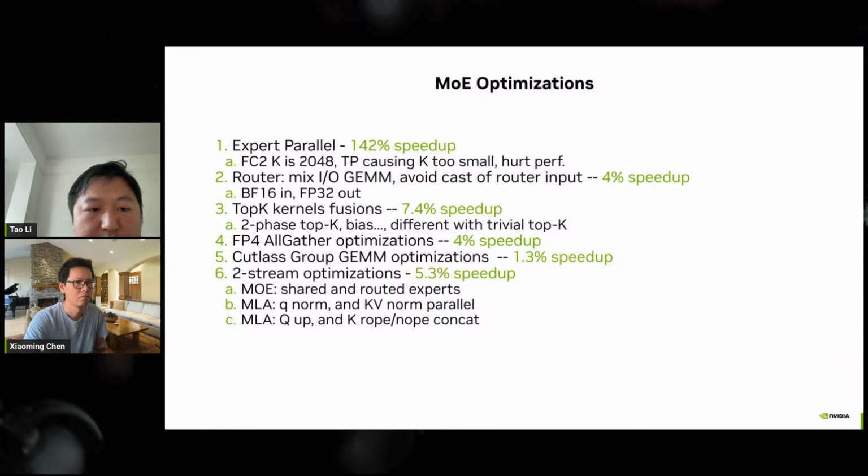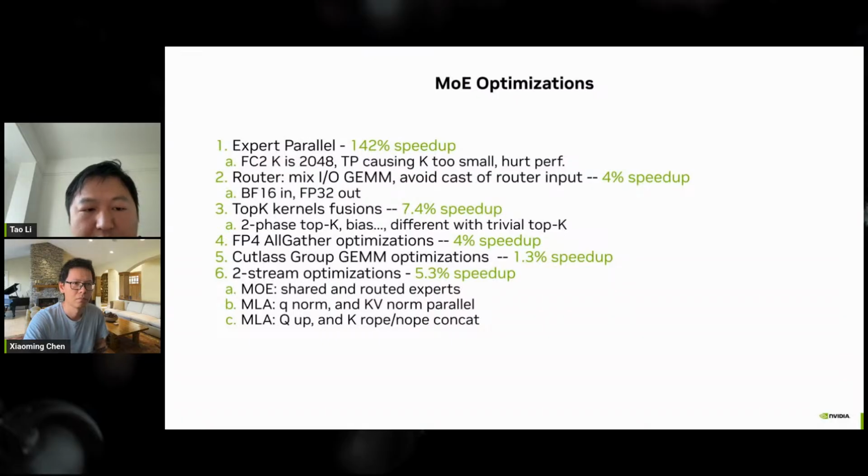The third one is top K kernels fusion. We will go to the details later, but this top K kernel fusion, based on our measurement, can achieve about 7.4% end-to-end speedup.